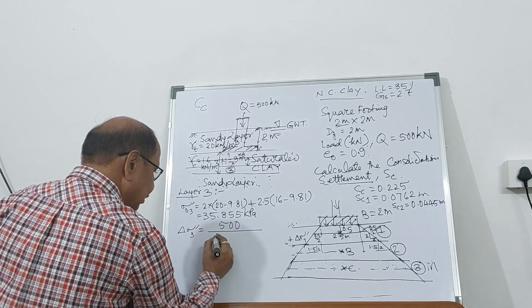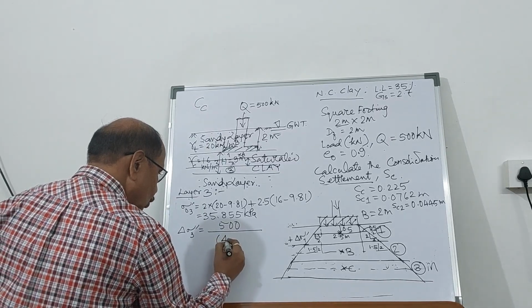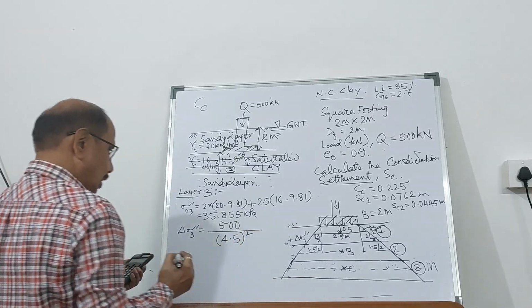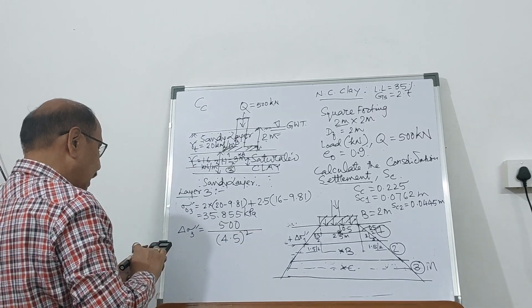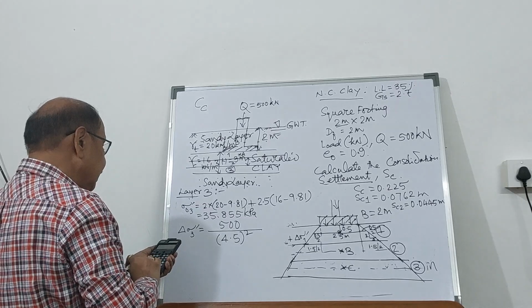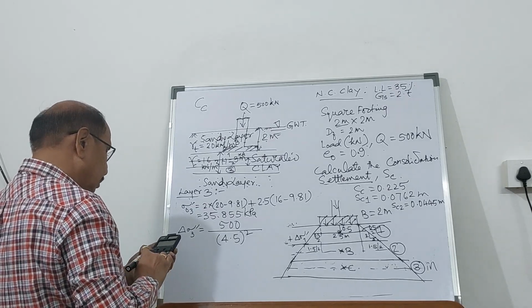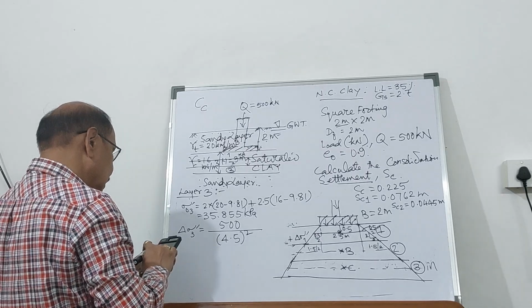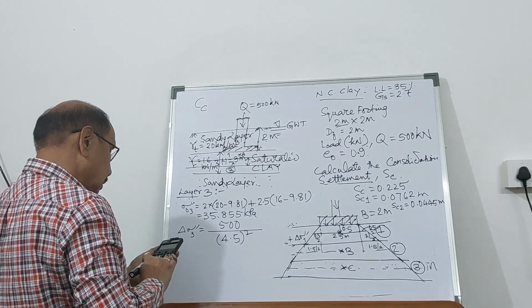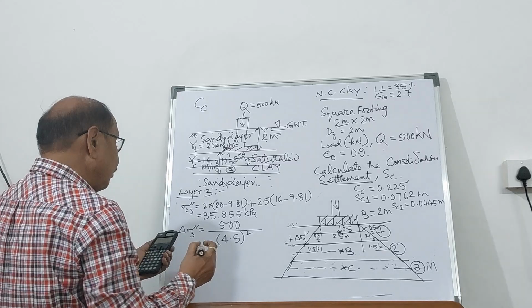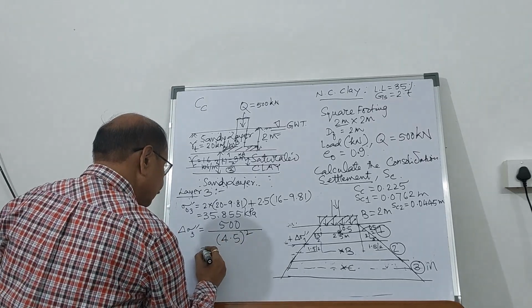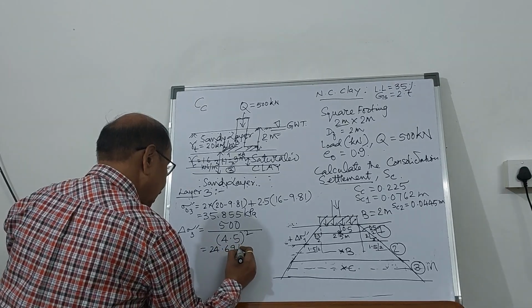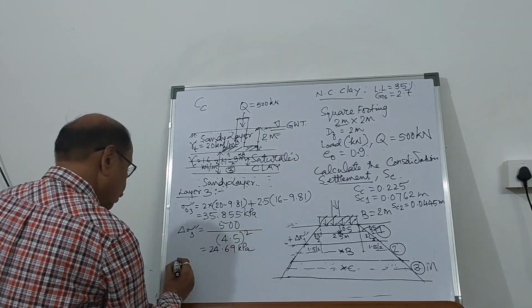So the total area becomes 2 plus 2.5, that is 4.5 whole square. So 500 divided by 4.5 square gives you 24.69 kilopascal.